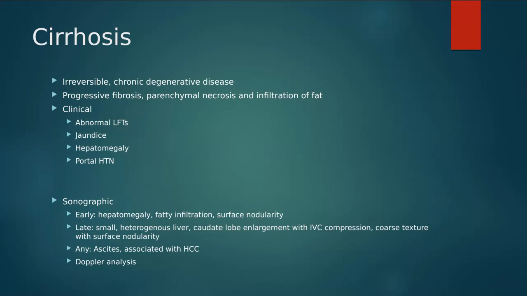So what happens with cirrhosis is the parenchymal tissue, so the liver functional cells and the functional tissue, start to die off because of this progressive, what we call fibrosis. And what happens with fibrosis is the tissue starts to kind of rapidly proliferate.